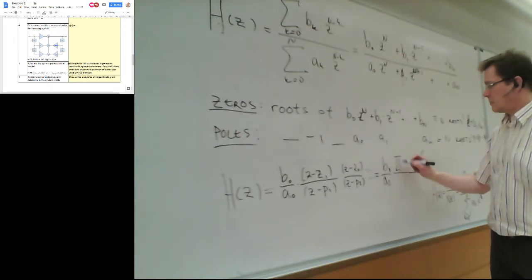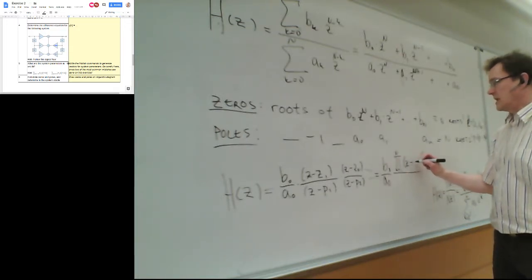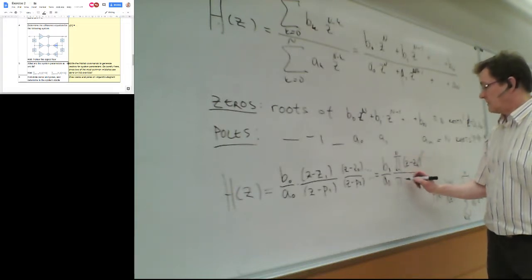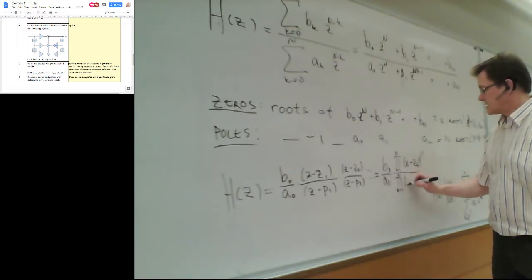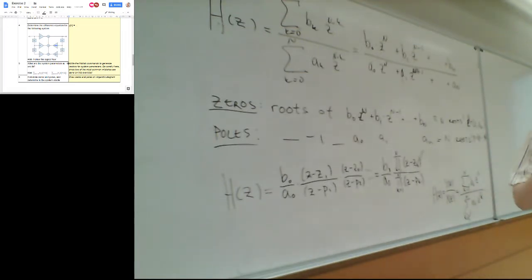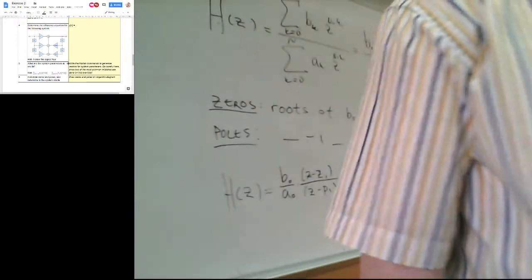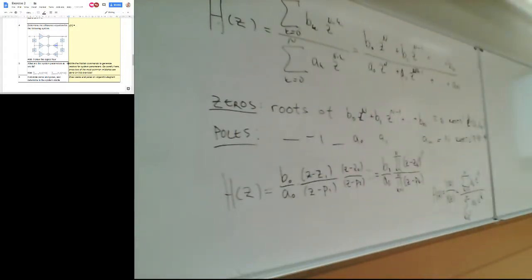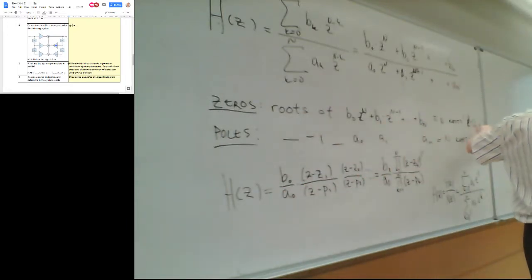Product from 1 to n of z minus zk divided by product from 1 to n of z minus pk. Good. So now we actually introduce a couple of new things. For any nth order transfer function, we have n roots for numerator and denominator, meaning n zeros and n poles.